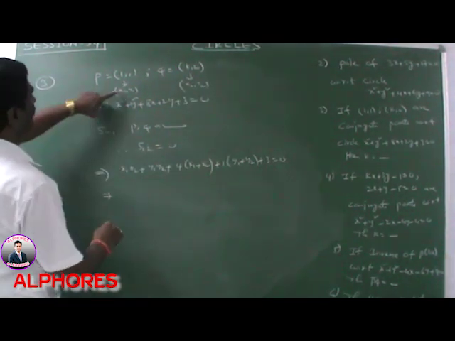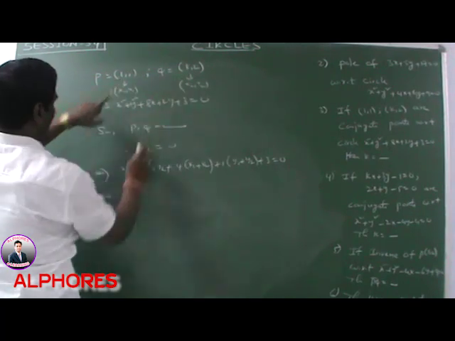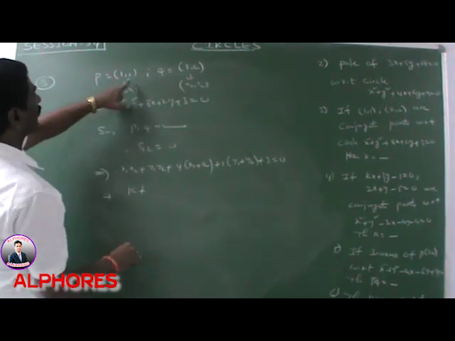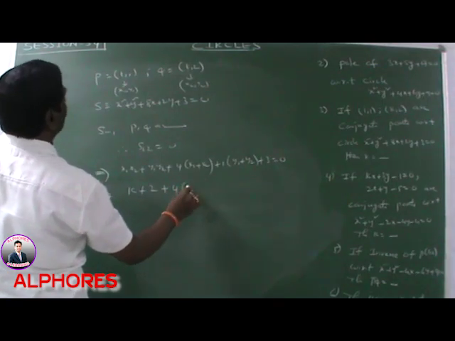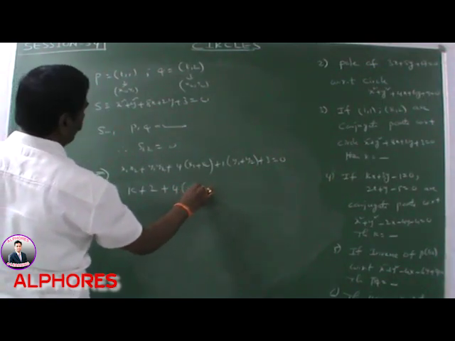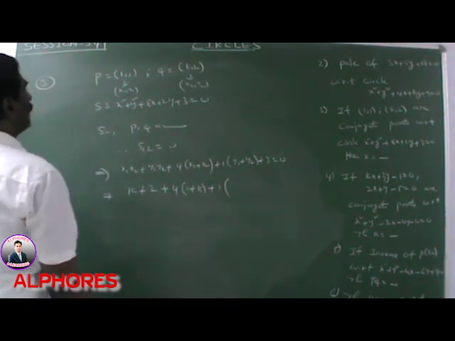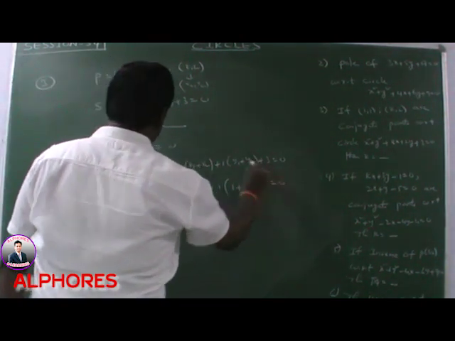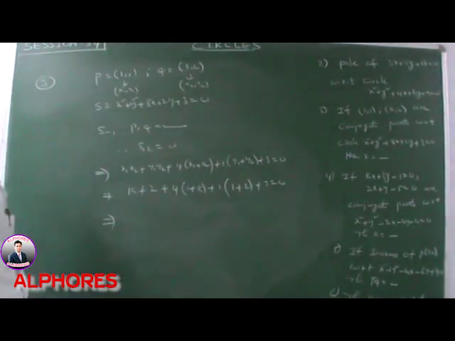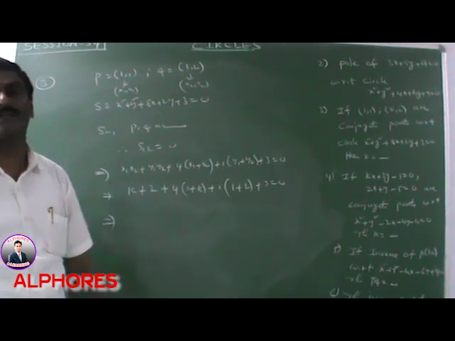That means x1 means 1 into x2 means k, plus y1 y2 means 1 into 2 means 2, plus 4 of (x1 plus x2 means 1 plus k) plus 1 of (y1 means 1 plus 2) plus 3 is equal to 0. Find the value of k. Okay, k is the only unknown value. Simplify and find the value of k.